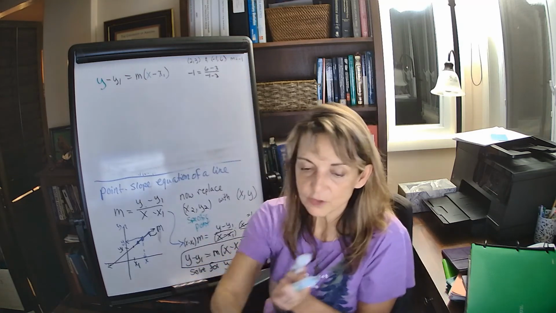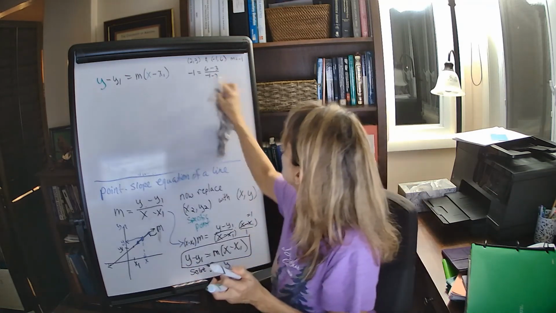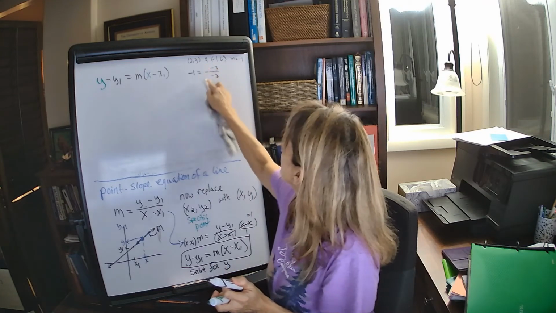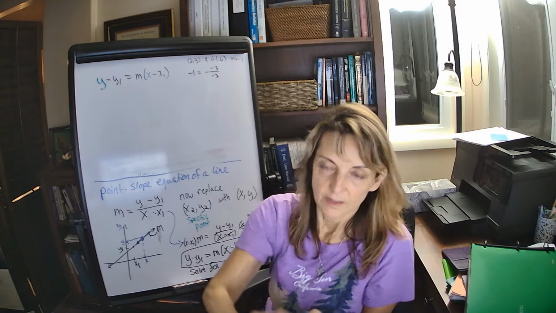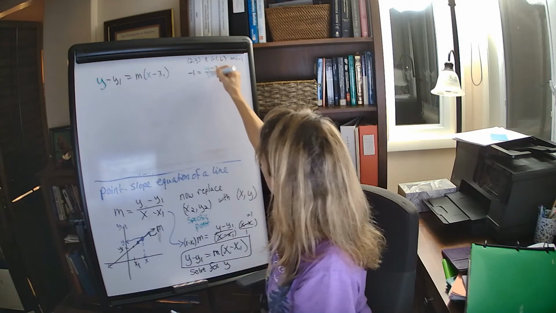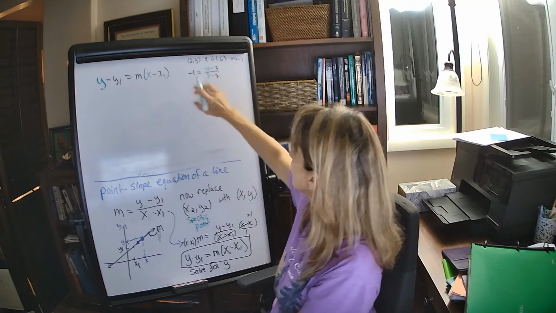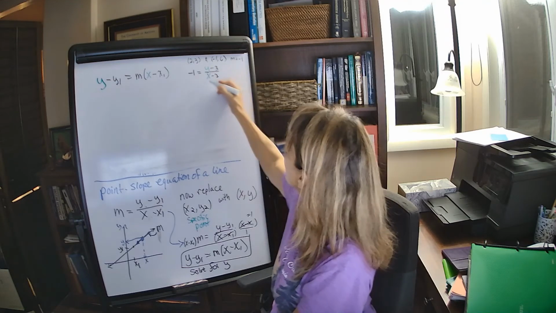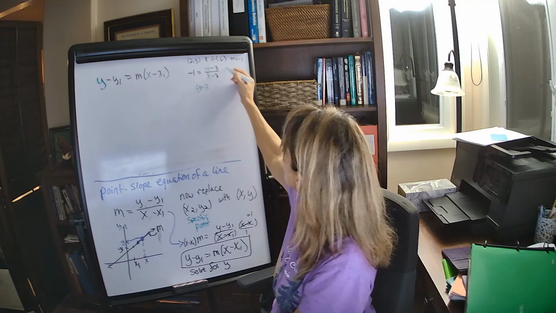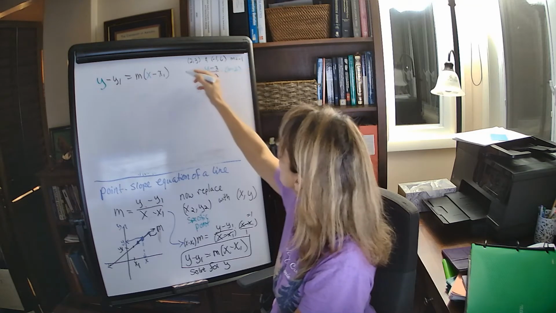And now what we're doing here is we're just going to replace the negative 1 and the 6. This is what we did down here below. We made this into y and x. And then we multiplied both sides by x minus 2, and we ended up with y minus 3.